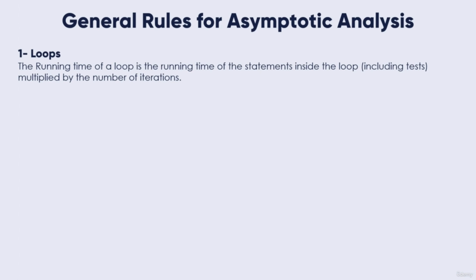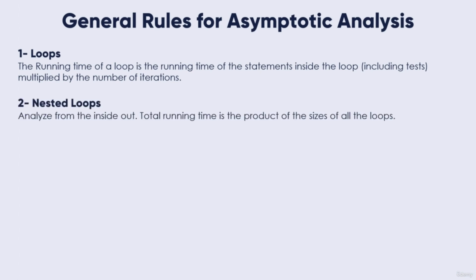Okay? The second rule is the nested loops. Analyze from the inside out. Total running time is the product of the sizes of all loops. We consider two nested loops, and we said that we need to print a hello message from one to five included.